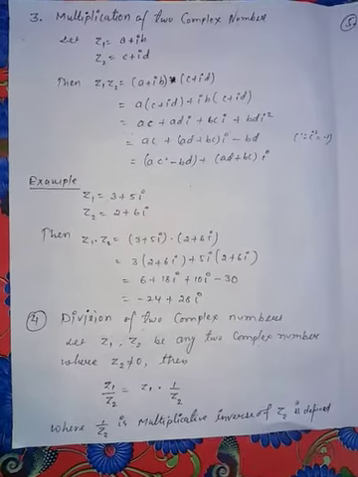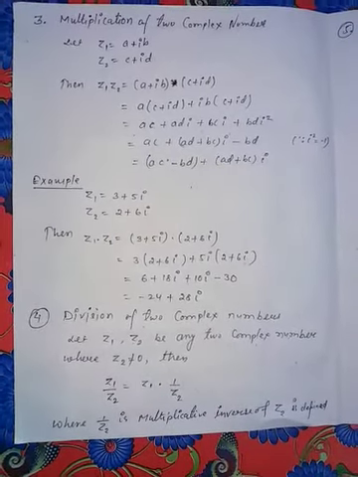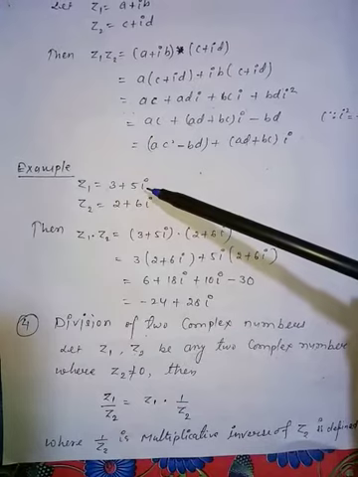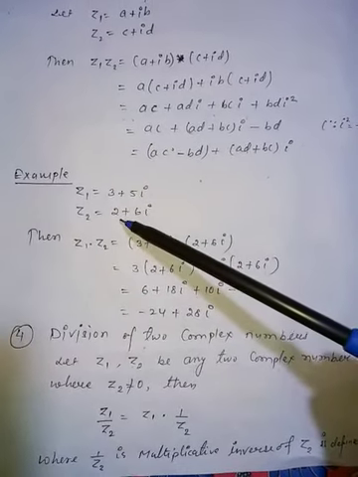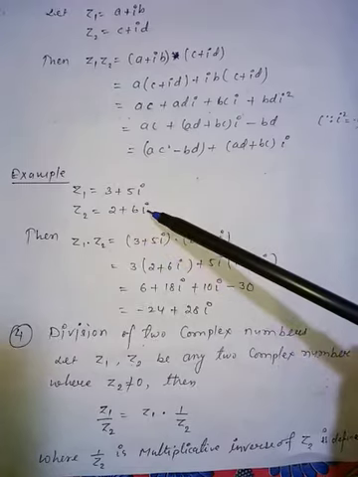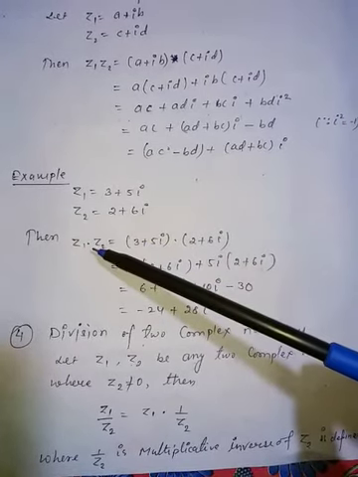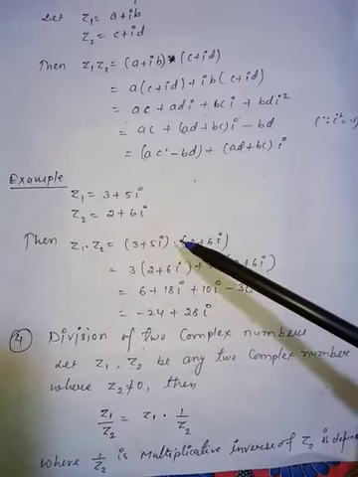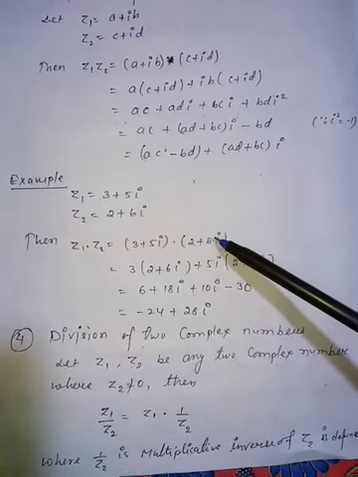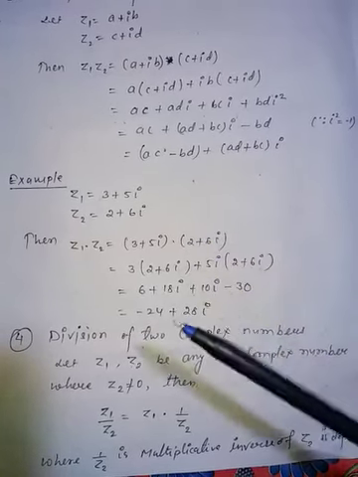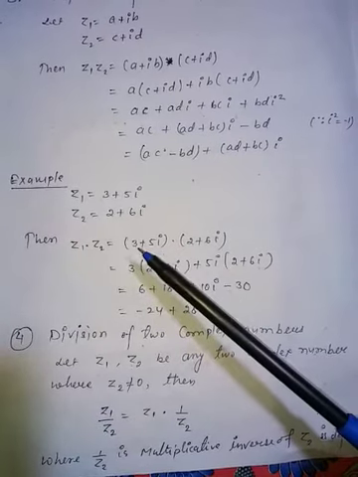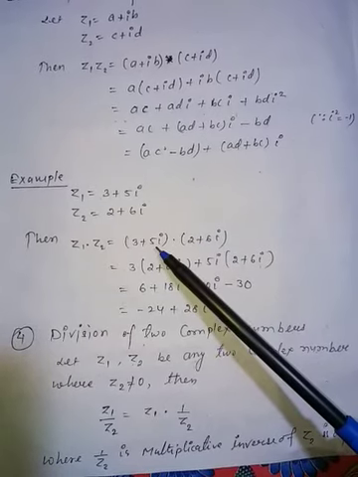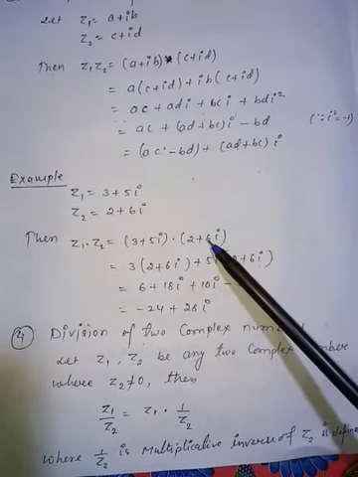Example, if z1 equal to 3 plus 5i, z2 equal to 2 plus 6i, then z1 into z2, it is 3 plus 5i into 2 plus 6i. We multiply as usual, first into second bracket plus second element into second bracket.